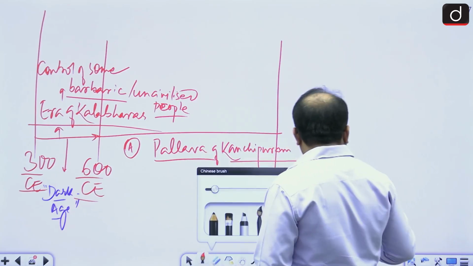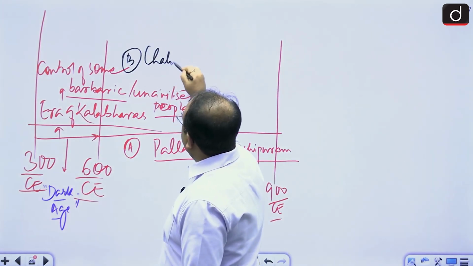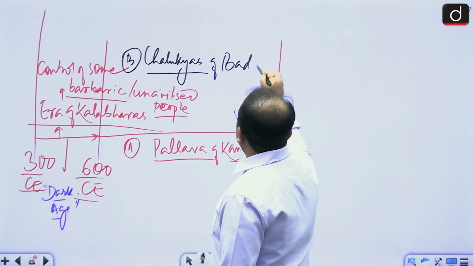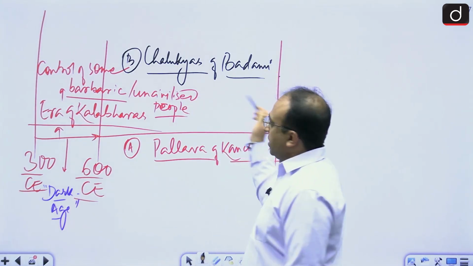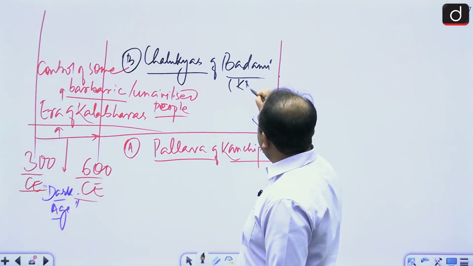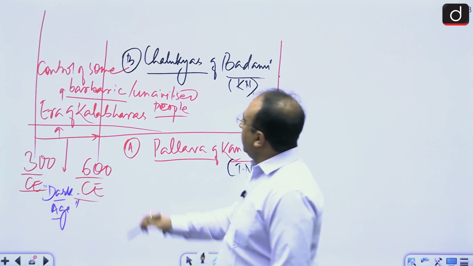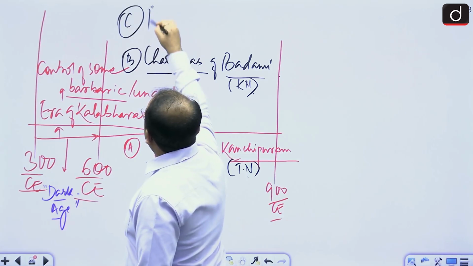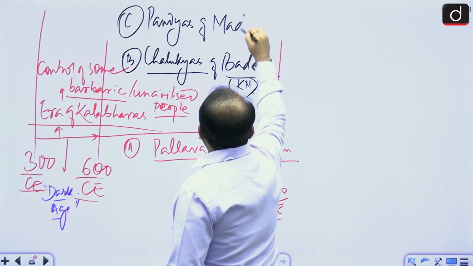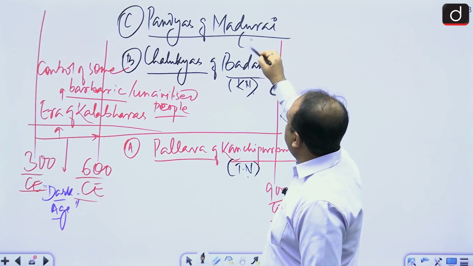Then second, the Chalukyas of Badami emerged in this period, especially in Karnataka and Tamil Nadu, in South India. Then see, the Pandyas of Madurai resurrected themselves in today's southern part of Tamil Nadu.